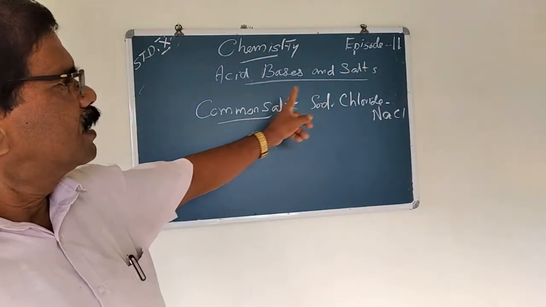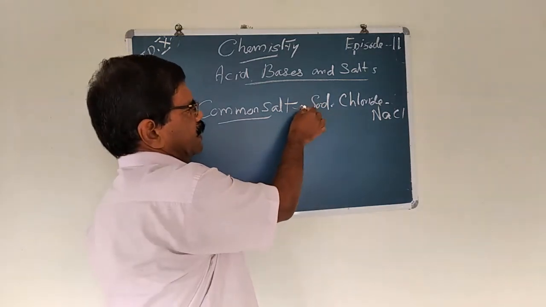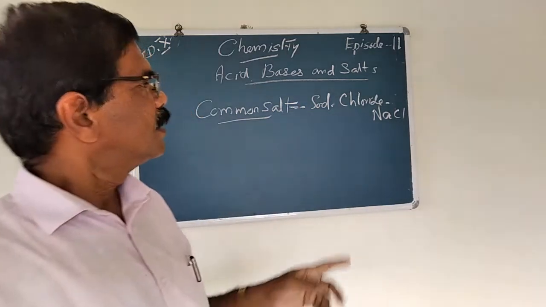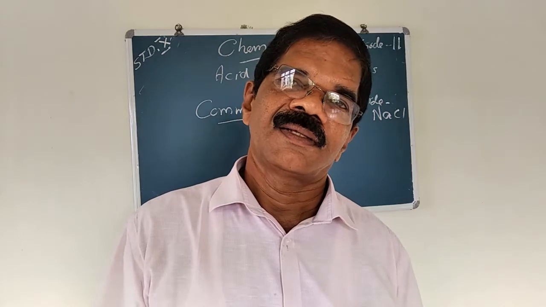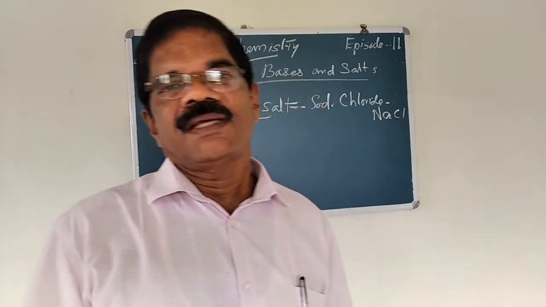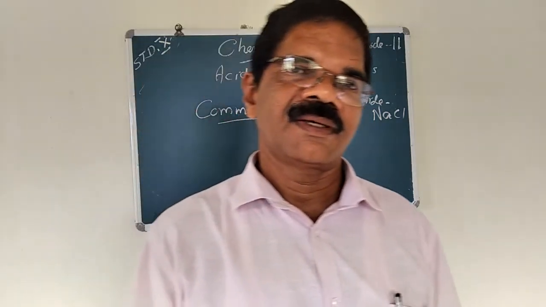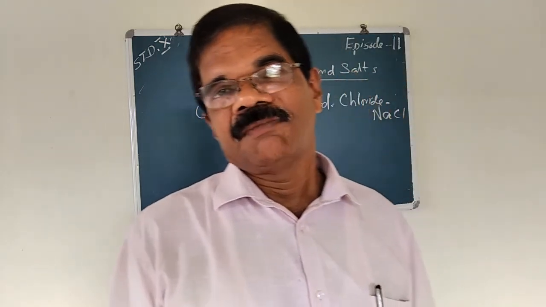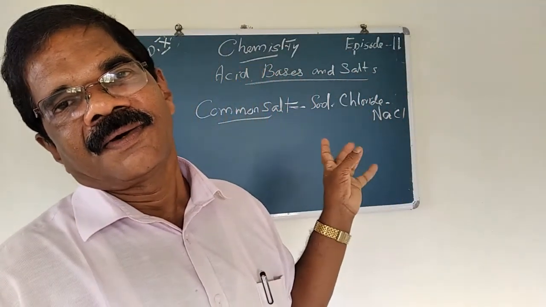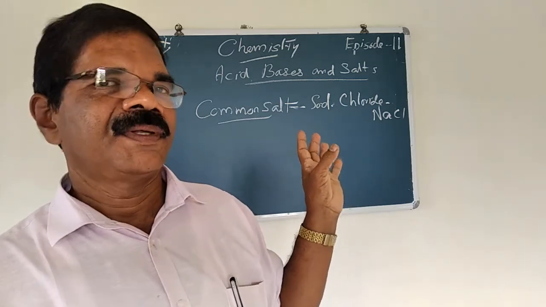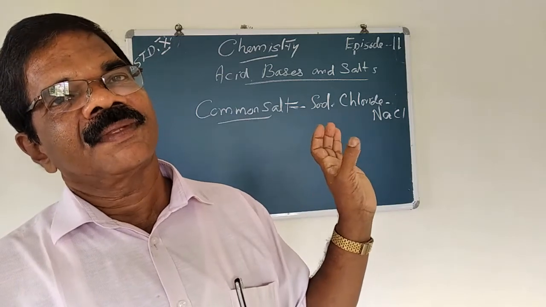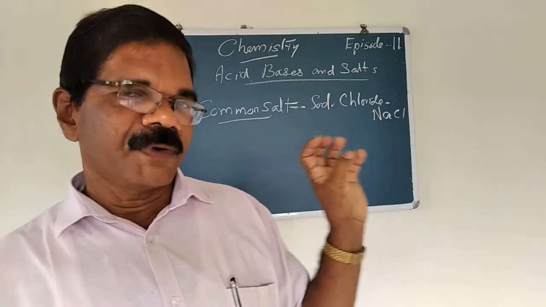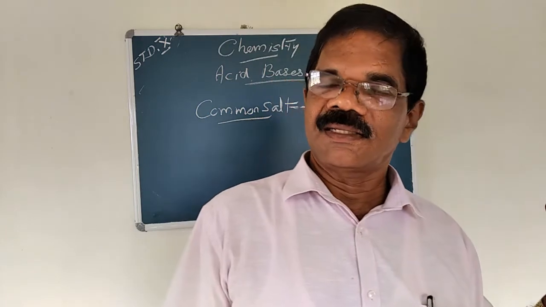Common salt is the common name, sodium chloride is the chemical name, NaCl is the chemical formula. Do you know what it is? In Malayalam, it is called Kariyu. At home, we call it Kariyu. In the lab or experimental sessions, we call it sodium chloride. In short form, we write it NaCl.